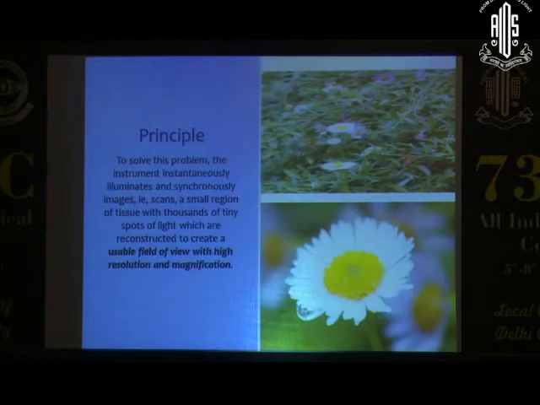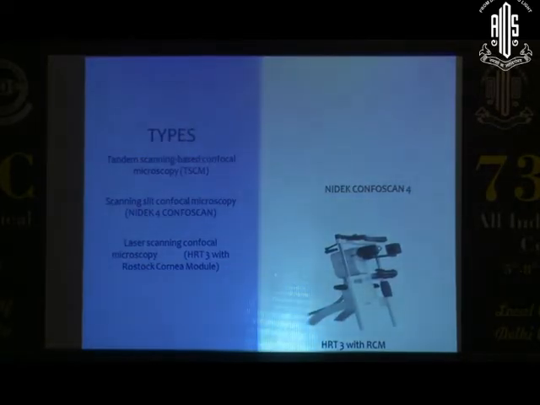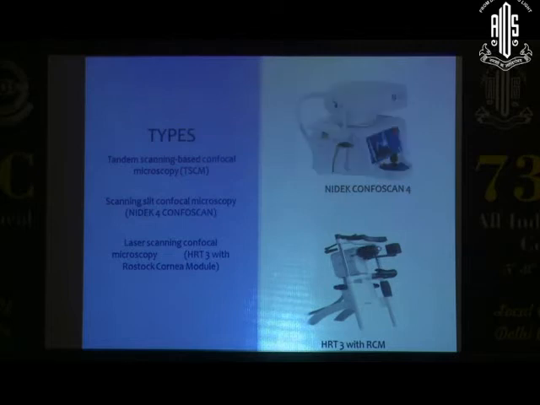But again, you need a field. You cannot have a single point. So what it does is it scans. So you have a volume scan, and then it constructs a usable field of view which gives you both high resolution and great magnification.